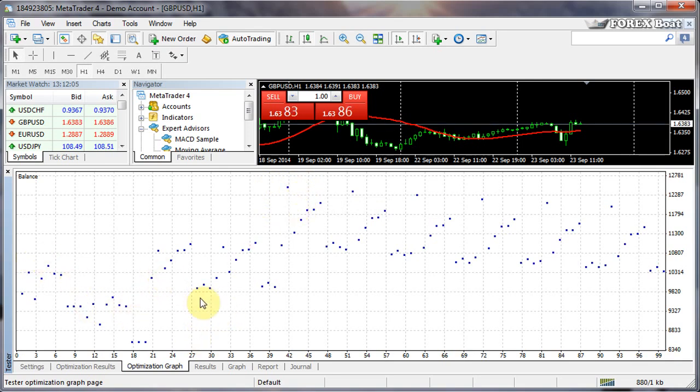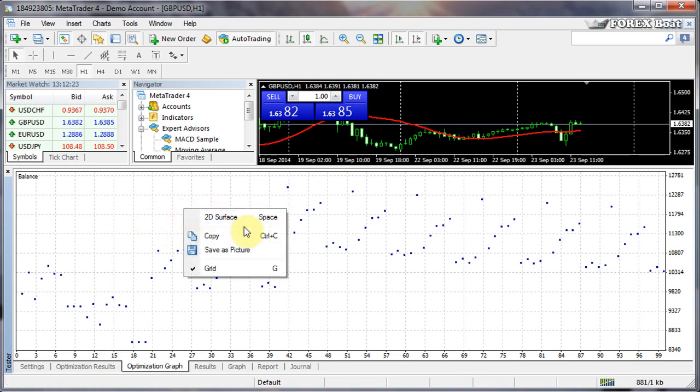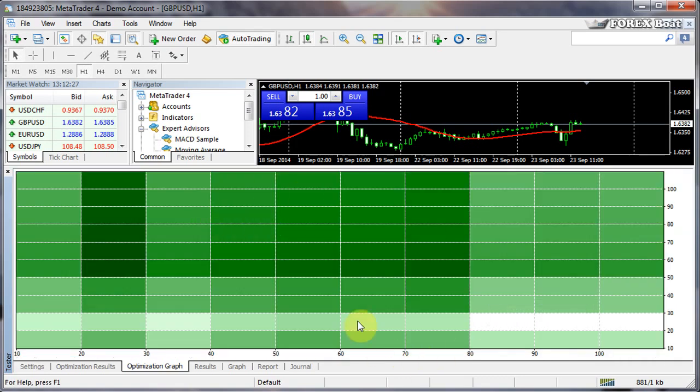However, this chart may not be the most visually effective in terms of data analysis and visualization, and that's why MetaTrader 4 has an inbuilt functionality to allow you to visualize these results better. If you right click on this chart and select 2D surface analysis, you will see something like this.